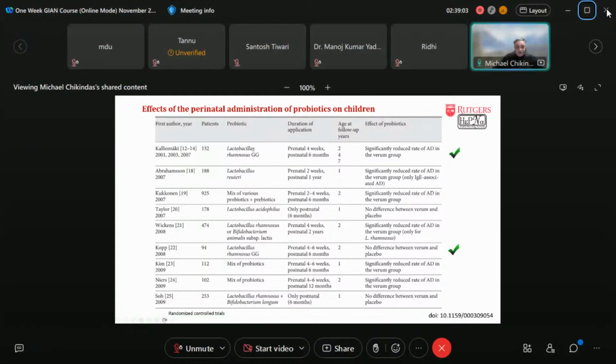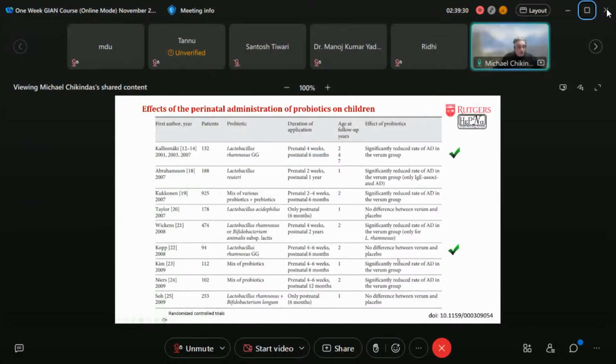LGG, prenatal 4 weeks, postnatal 6 months. Now, a very long follow-up, up to 7 years old. And we have a significant reduction of the rates of atopic dermatitis. This is almost at the level of a miracle.